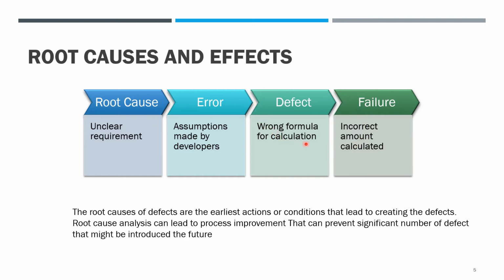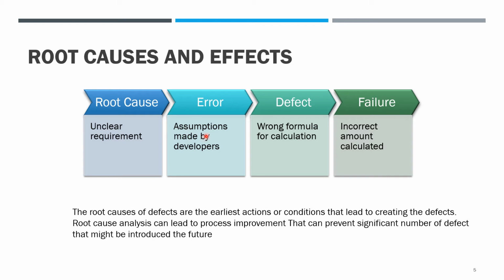Maybe there is something wrong in the calculation of the formula, and then why does this happen? The error: maybe the developer is assuming things because it might not be clear what that is.